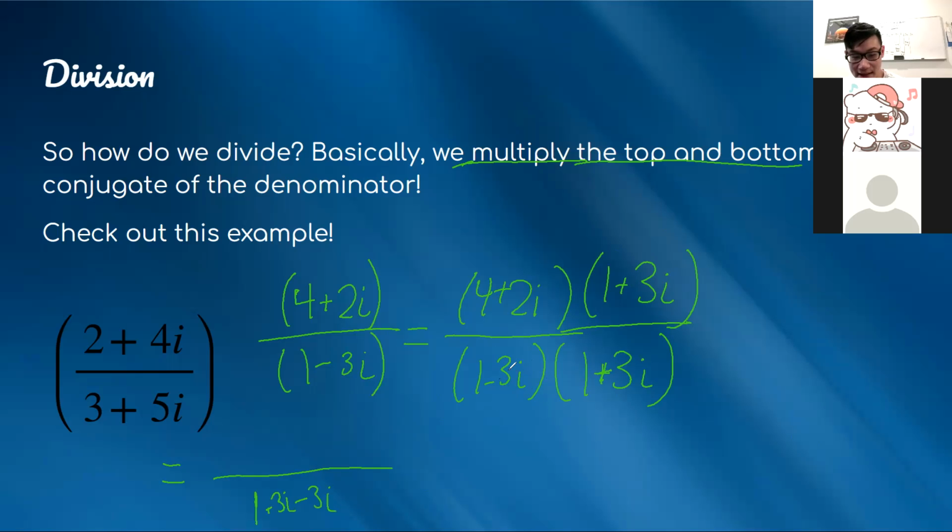And this last one is negative 3i times positive 3i, which is just positive 9, because negative 3i times 3i is just negative 9i squared, which is negative 9 times negative 1, which is 9. And don't worry, this process will get more intuitive as you work more with complex numbers. But for now, we can just write it out. So we can also just simplify this. This becomes 10, and the i's cancel out, right?